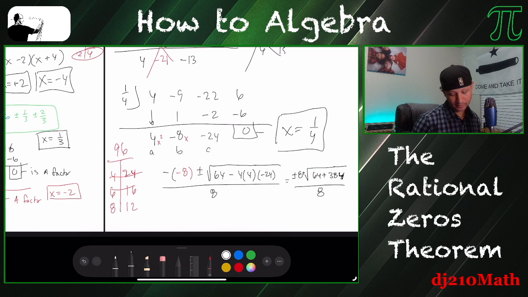Okay, so what is this? 38, 39, 40, 41, 43, 44. 44 plus 4, 448. So plus or minus 8. No, not plus or minus 8. It's positive 8 only.